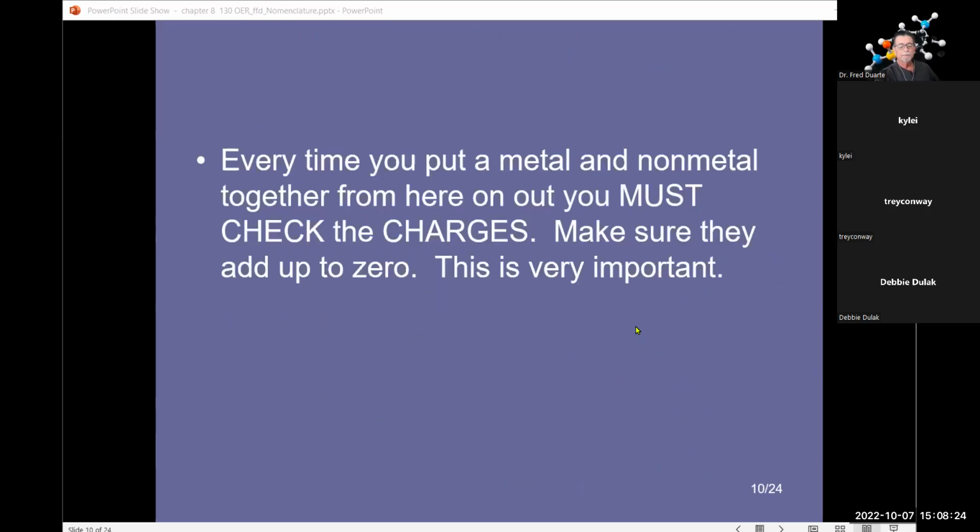All right, so just make sure that when you add them up together, you have enough of each to make sure that their respective charges equal 0. And like I stated, 99% of the time, the molecule you're working with adds up to 0. However, you can have an example where they don't add to 0.